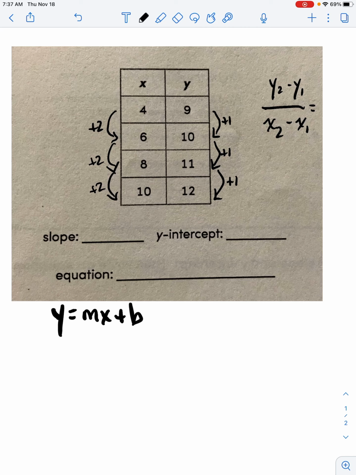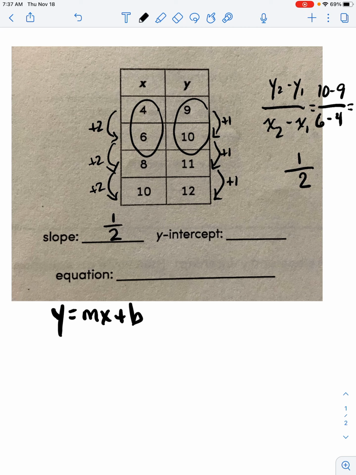So let's pick 10 minus 9, over 6 minus 4. That's 1 over 2. So we know that our slope is 1/2.